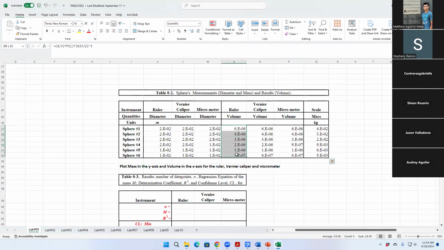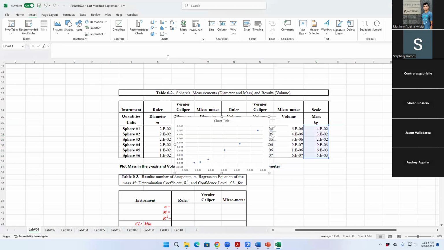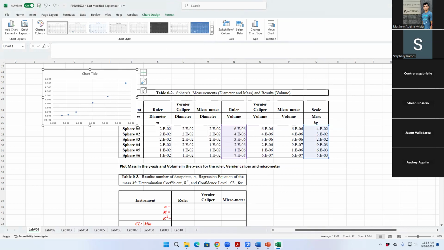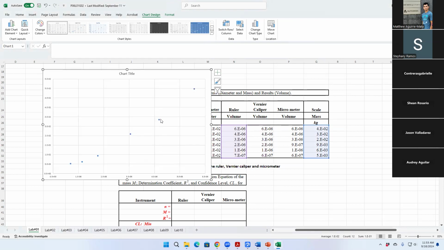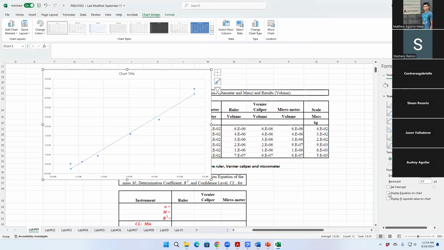You plot the ruler, right? Mass and volume for the ruler. Insert chart. Okay, and now you gotta fit a regression equation there. Add trendline, linear, display equation on chart, display R square value on chart. Okay?